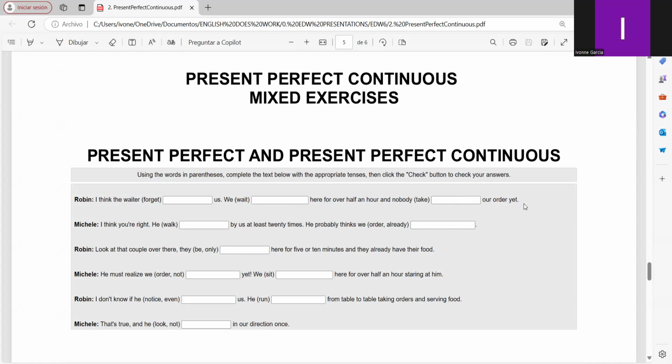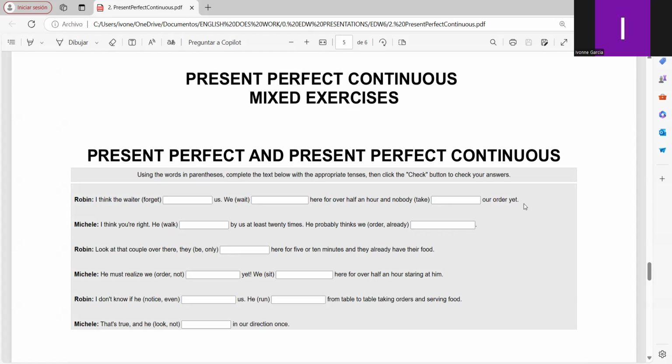If we translate this in Spanish, it's the same. That's why I'm saying, okay, please, at the beginning, while you get used to it, you can use the Spanish language help.